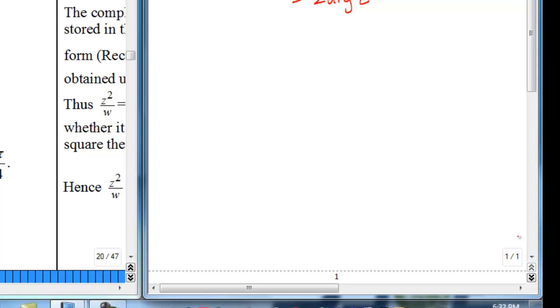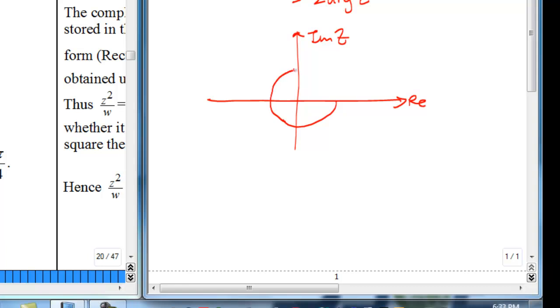Over here, when we consider the Argand diagram, we know that negative 3 pi over 2 will be measured in this way, in the clockwise manner, until it reaches the positive part of the imaginary axis. So this angle is negative 3 pi over 2.